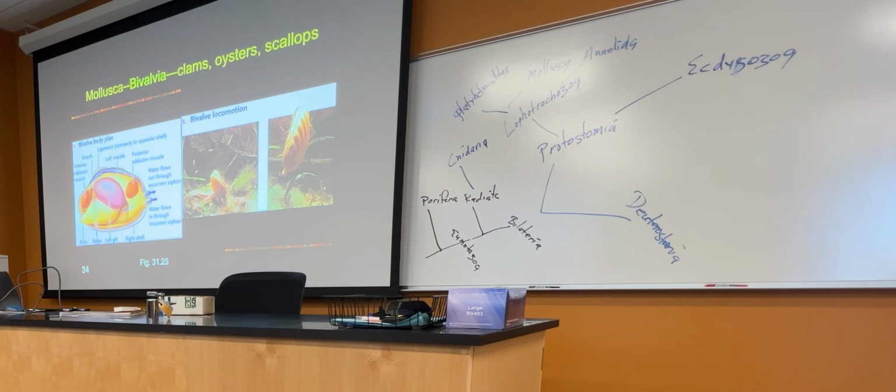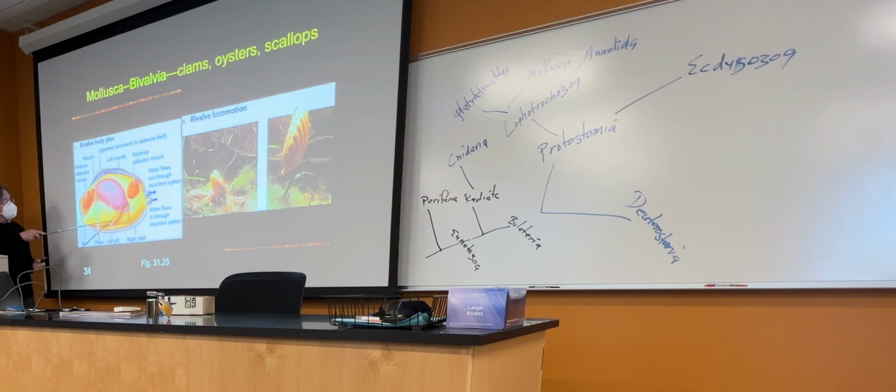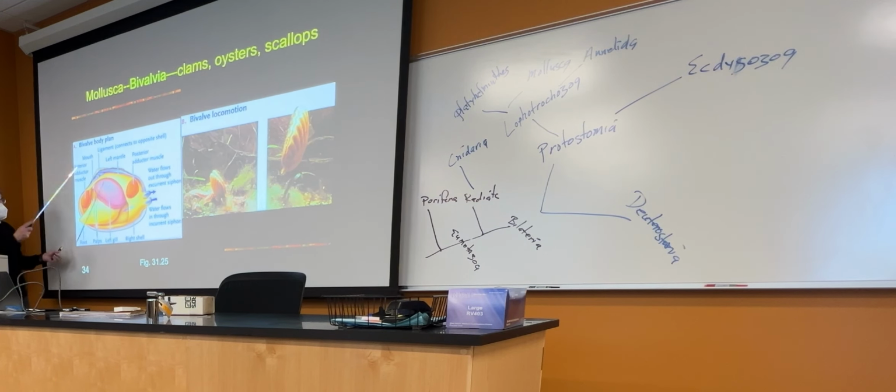However, at the posterior end, they have two tubes called siphons, and water comes in through one siphon, the ventral one, through the mantle cavity, and flows over what are called gills, but these serve both respiration and food collecting. They're also ciliated, and as the cilia beat, this is what creates the water current.